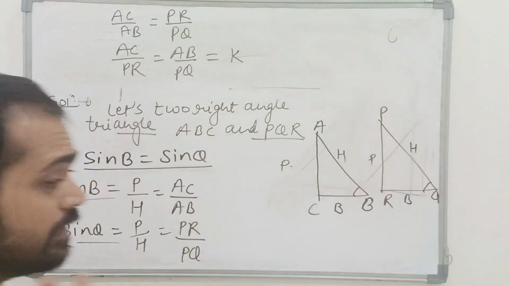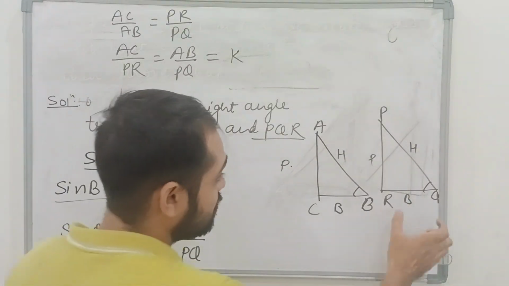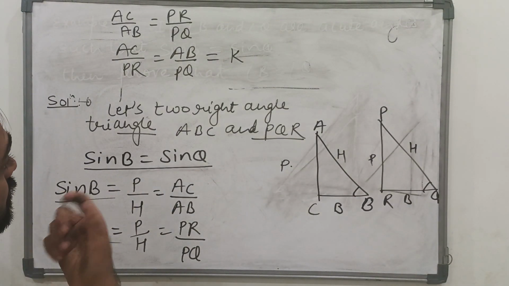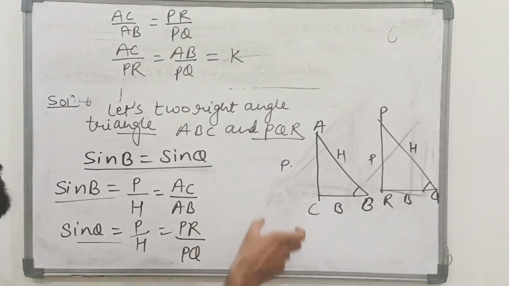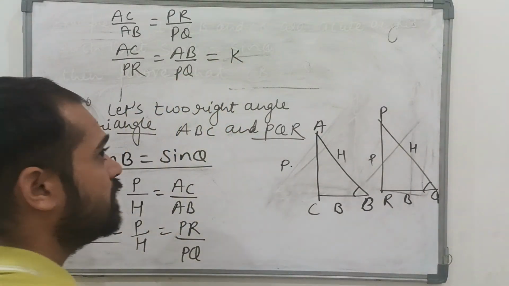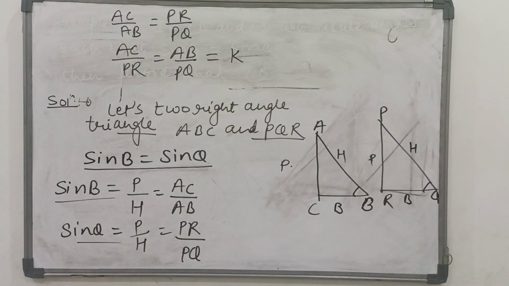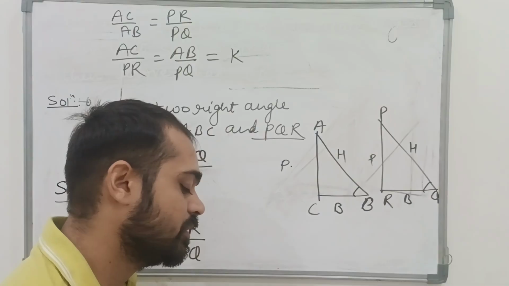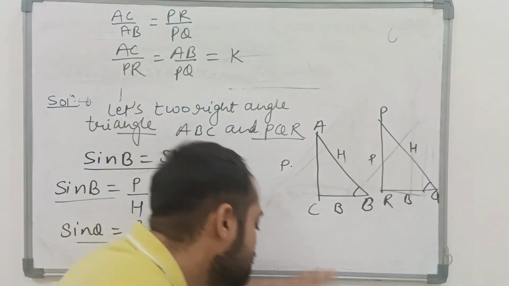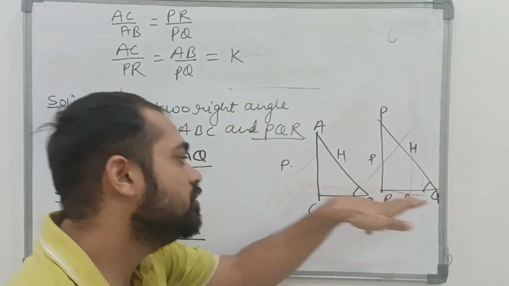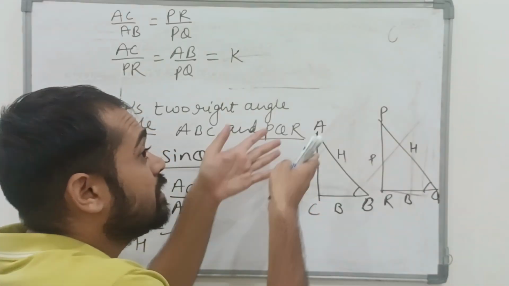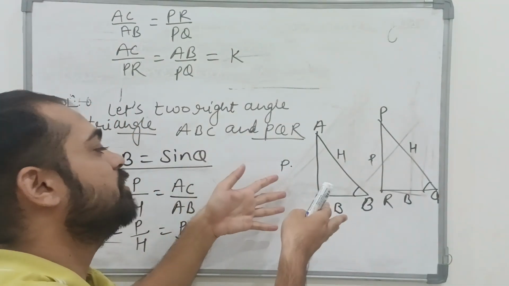So is the base K or not? We will find, and then we will see that the base must become K. If the base must become K, then we can say that both triangles are congruent and angle B is equal to angle Q. We can easily write this, because congruent triangle properties are satisfied.